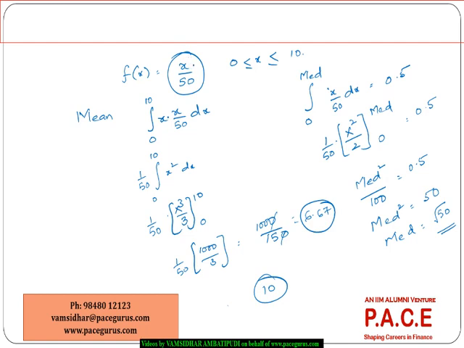So the PDF has a maximum value at 10, which means the mode is 10. So we were able to compute the mean, median, and mode for a continuous random variable. We can do this process for both discrete as well as continuous random variables.